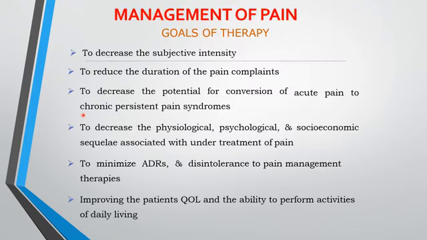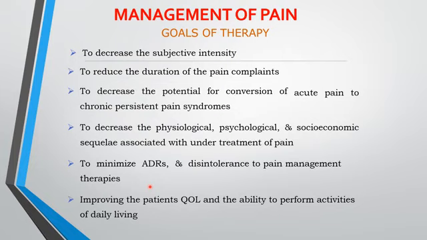And coming to the management of pain. So the goals of pain management are to decrease the subjective intensity, to reduce the duration of pain complaints, to decrease the potential for conversion of acute pain to chronic persistent pain syndrome, to decrease the physiological, psychological and socio-economic sequelae associated with undertreatment of pain, to minimize the adverse drug effects and intolerance to pain management therapies, and to improve the patient's quality of life and ability to perform activities of daily living.